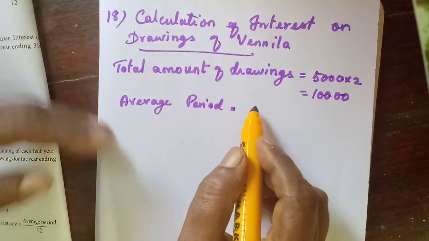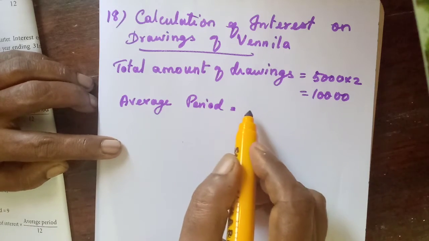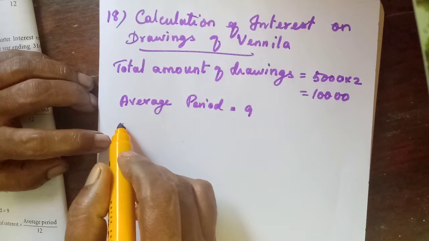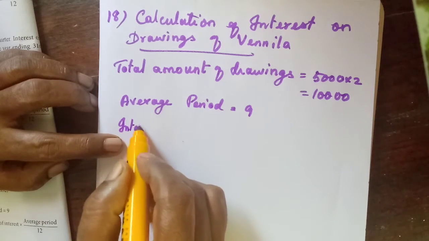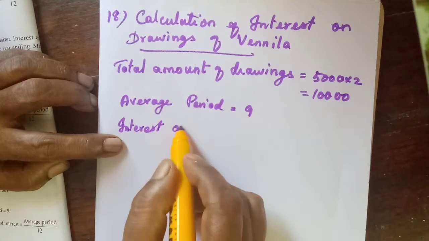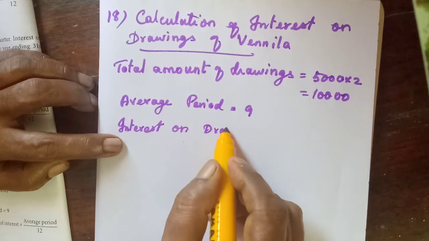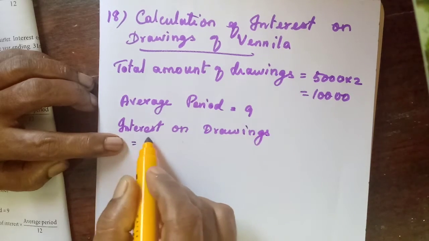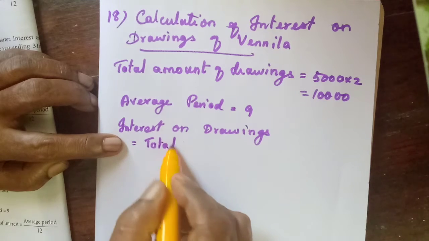You know, 9 by 12, isn't it? 9 months. Now, interest on drawings. Write the formula.